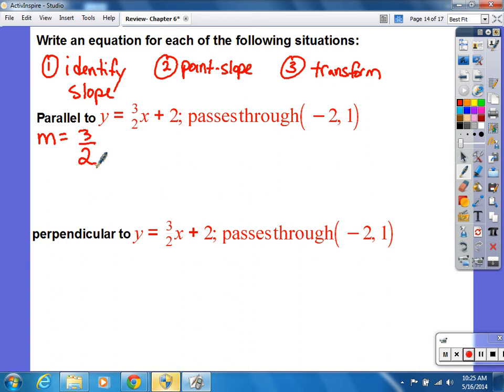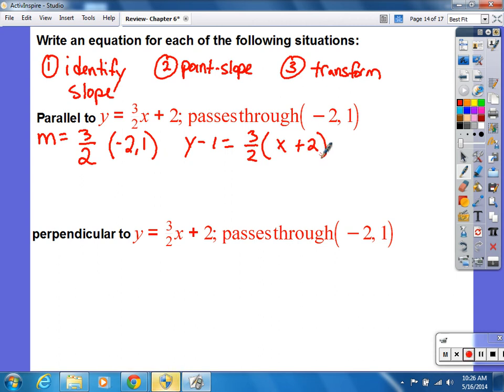We know that it's going to pass through the point negative 2, 1, and you've heard me say it 100 times, if you know the point and you know the slope, you can write an equation in point-slope form. So from here, we would have y minus 1 is equal to 3 halves times the quantity of x plus 2. So that takes care of our point-slope form.